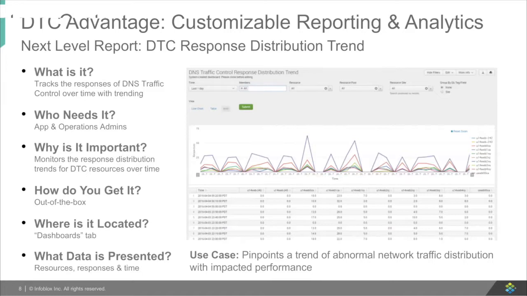And the use case that's used most often is that this pinpoints a trend of abnormal network traffic distributions with impacted performance. So where you see the spikes, for example, gives you great insight when using DTC, so that you can see exactly the anomalies that are going on within the system.